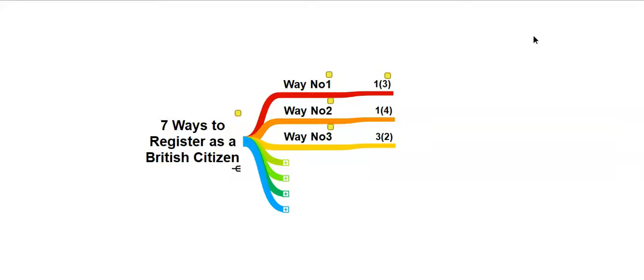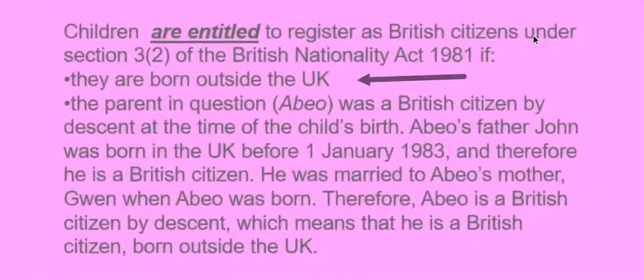And the requirements to meet are as follows. They'll need to be born outside the UK, and their parent would need to be a British citizen by descent. So in other words, the parents' father or mother had a British citizenship otherwise than by descent. So they were born here, the grandparents, but the parent is a British citizen by descent.